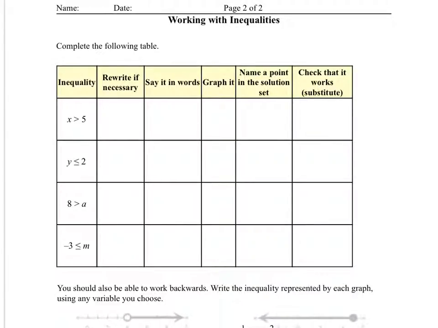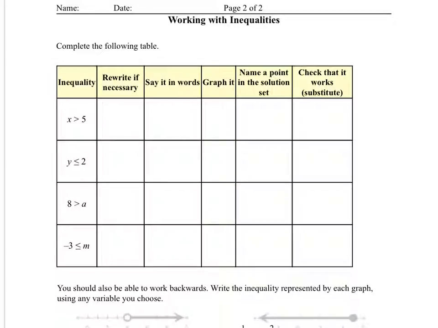Okay, so this is the next worksheet, working with inequalities. In the first column it says rewrite if necessary. What that means is if the variable isn't first, you're going to reverse the inequality and rewrite it so that the variable is first.